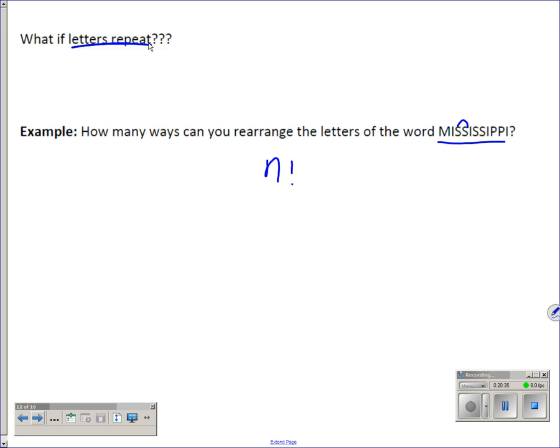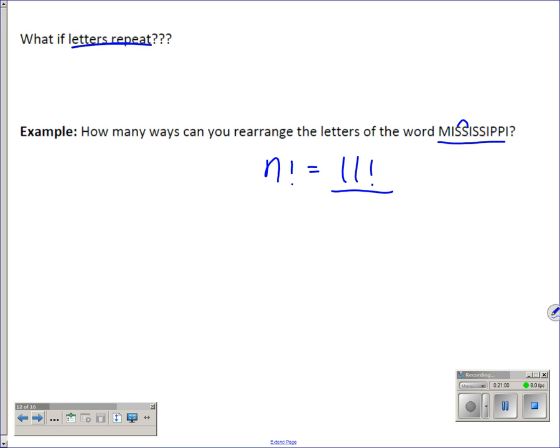That's the first step, though. You want to do n factorial, but you then want to divide out the repeating letters. So first of all, how many letters are there? 1, 2, 3, 4... 13? I think there's 11. Good guess. So this will be 11 factorial. But if I do 11 factorial, it'll tell me all the arrangements, but it'll also count all the ones that are repeating, and I have to divide those out.